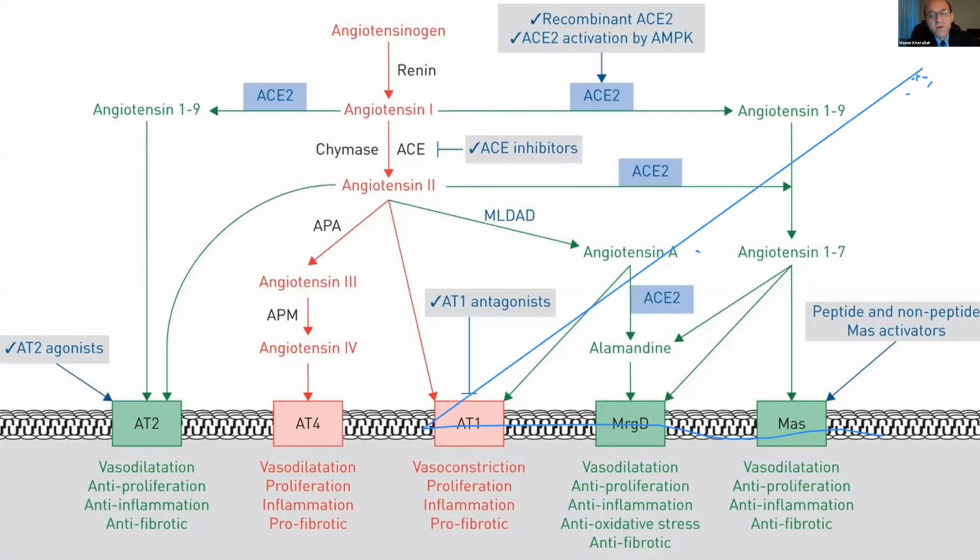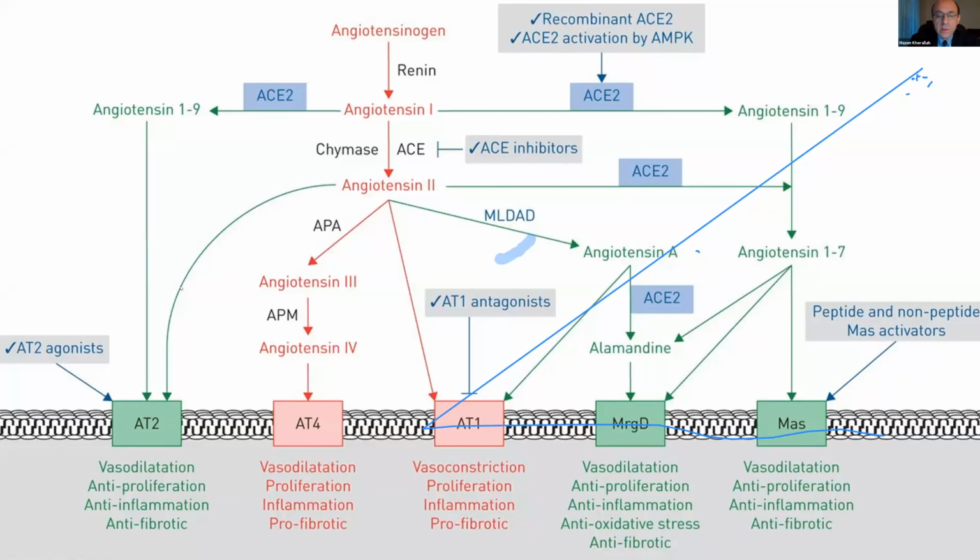But I want to simplify this by stating that the green color is the result of the conversion of angiotensin 1 and 2 by the effect of ACE2. And the red color is the effect of angiotensin 2 directly on those receptors, through other metabolites also, which are angiotensin 3 and angiotensin 4.